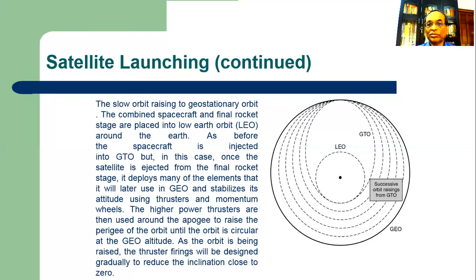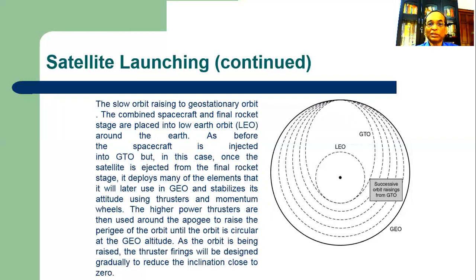This is a scheme of satellite launching to the geostationary Earth orbit. There is one more scheme which is very useful: the slow orbit raising to geostationary orbit. Initially the satellite arrives at the LEO orbit, and as before, the spacecraft is injected into GTO.